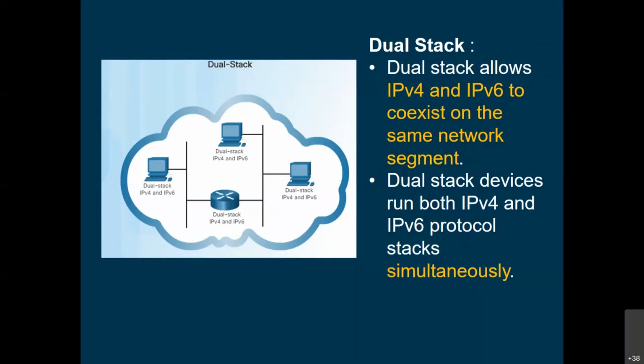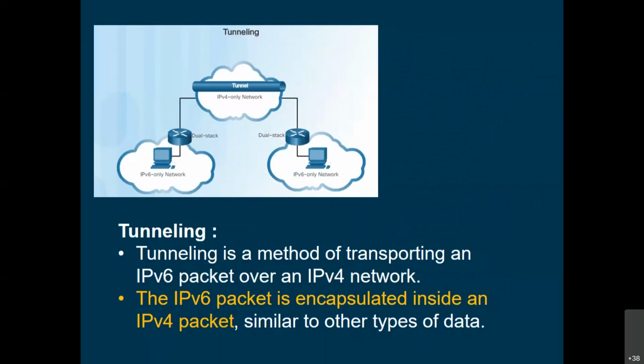Dual stack, you have devices that can run both IPv4 and IPv6 simultaneously. Another method is called tunneling. In tunneling, you transport an IPv6 packet over an IPv4 network. It's sort of like IPv6 is piggybacking on IPv4. The IPv6 packet is encapsulated inside an IPv4 packet.